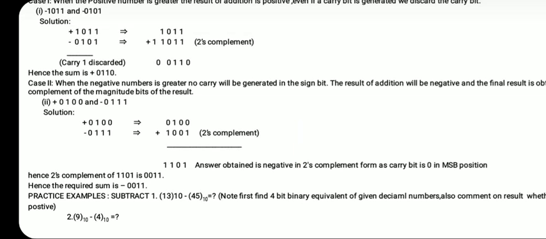So I gave the decimal numbers directly. You have to convert. The first step in the solution will be to convert each decimal number into binary, and then follow your steps to find the addition or subtraction, greater minus smaller or smaller minus greater, by the 2's complement method. Followed? So step by step, at least you should get 4 to 5 proper steps.